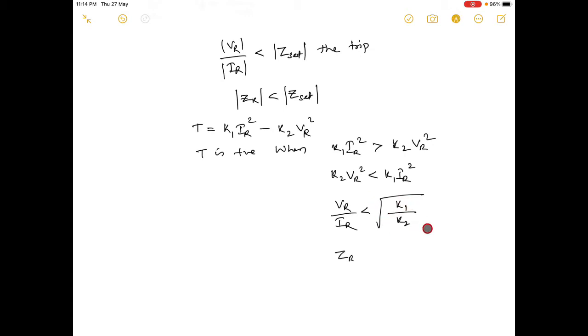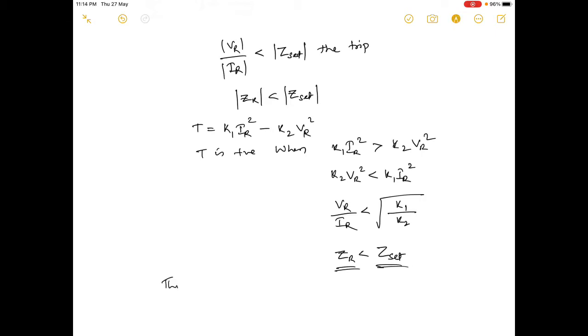So that is what this constant belongs to. So this ZR, if it is less than this Z set, so what is Z set? Root of K1 by K2. K1 by K2 is a constant. So Z set is a constant thing. Once this condition is achieved, then the relay trips.